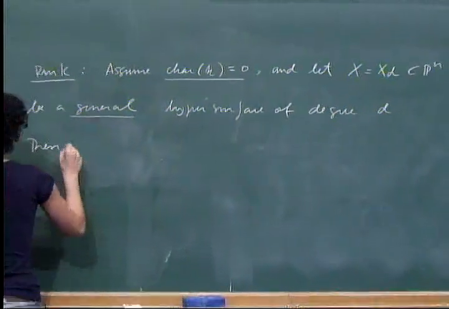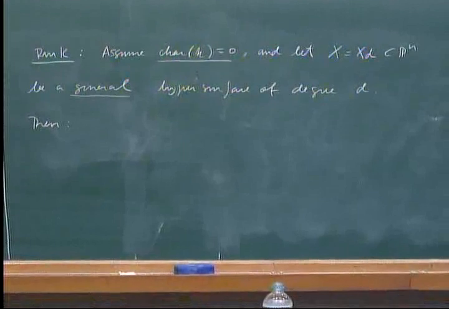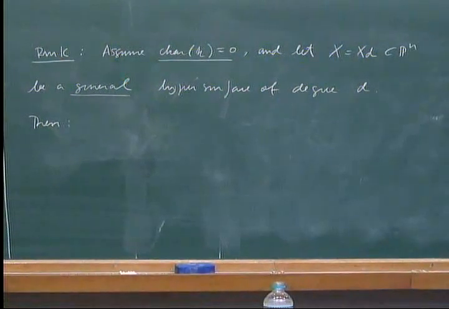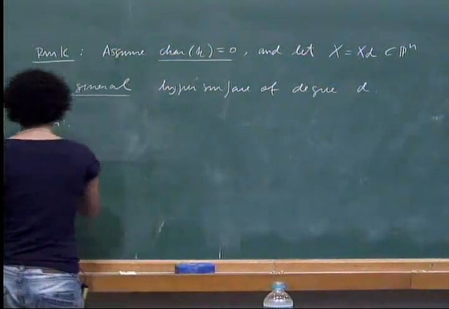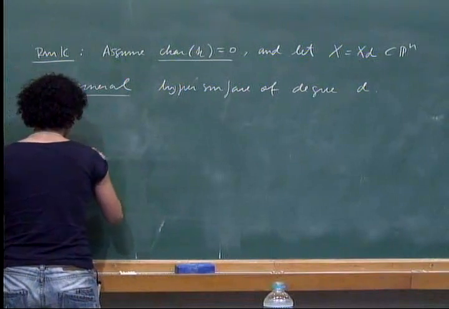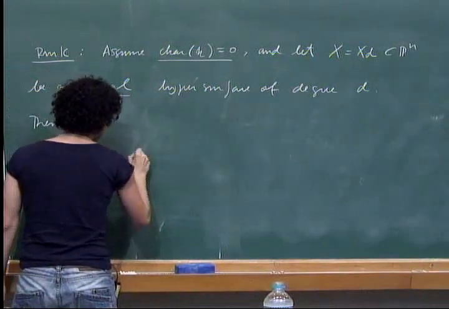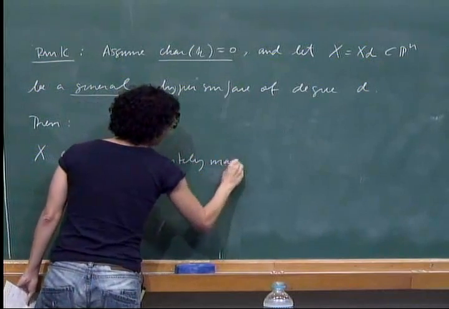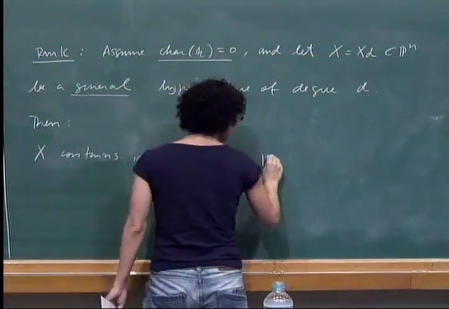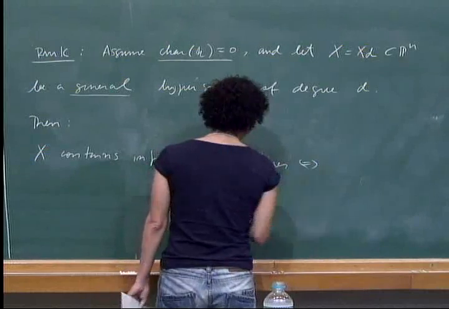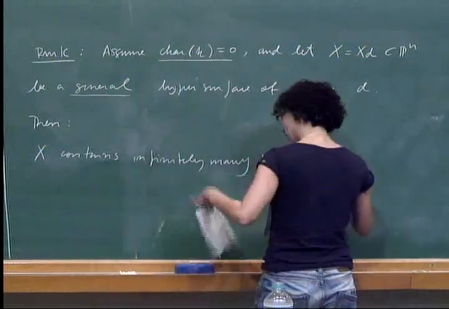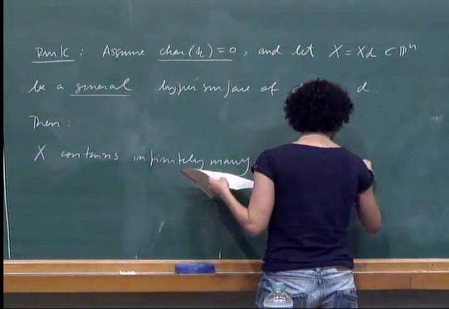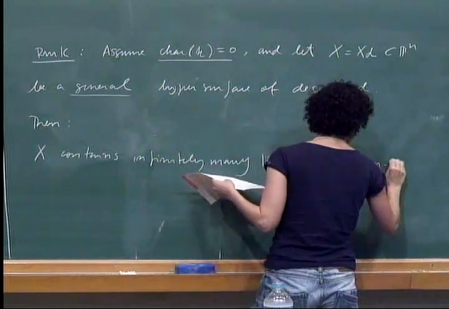Then the existence of lines is governed by the degree of the hypersurface. So X will contain infinitely many lines if and only if D is less than 2n minus 3.